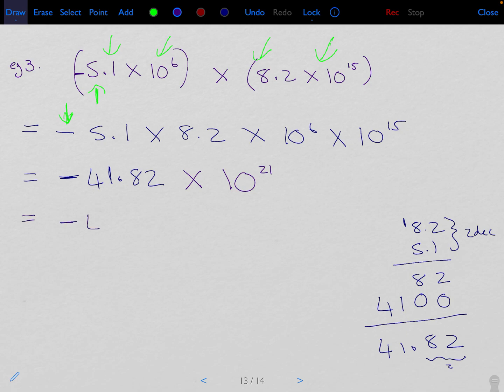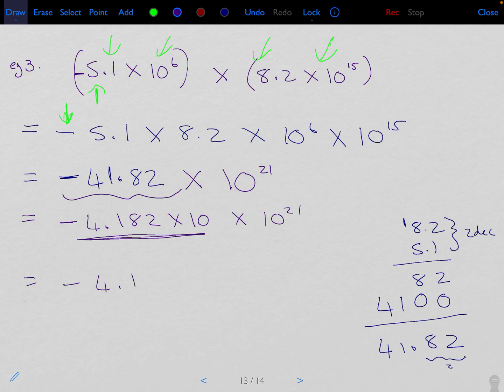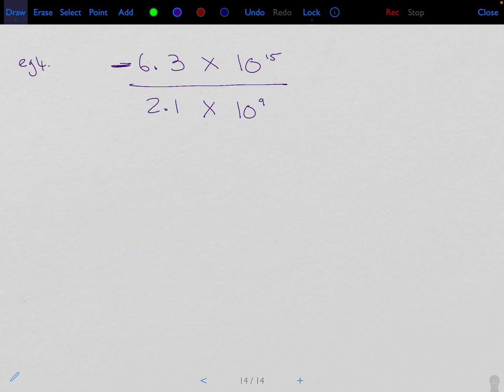So because this is no calculator, you're going to show all your steps. So you're going to say that is the same as that times that. This thing here is the same as this thing here. Therefore, our final answer is 4.182 times 10 to the 22. Get it back into standard form.